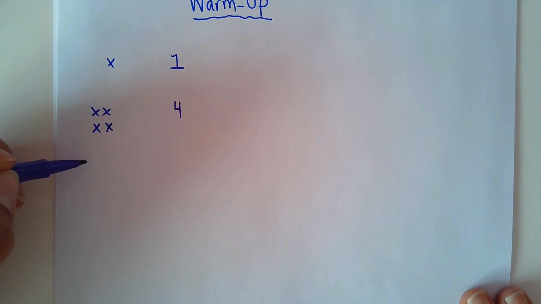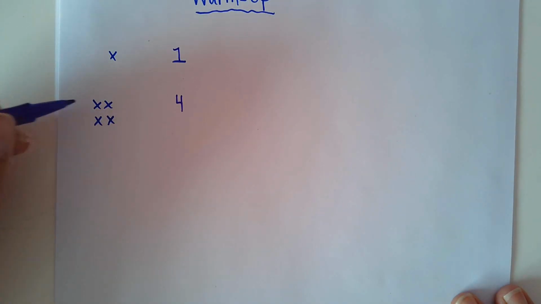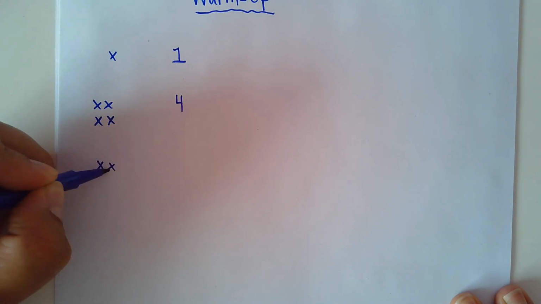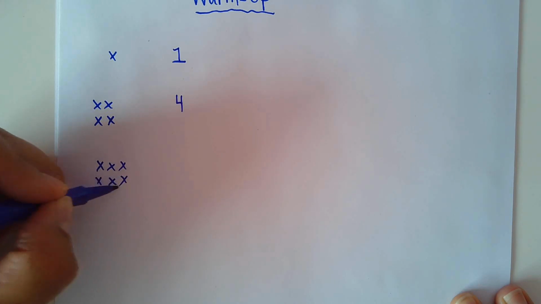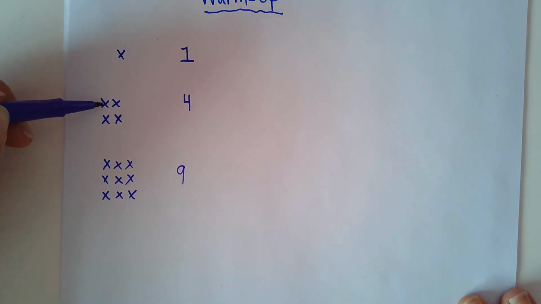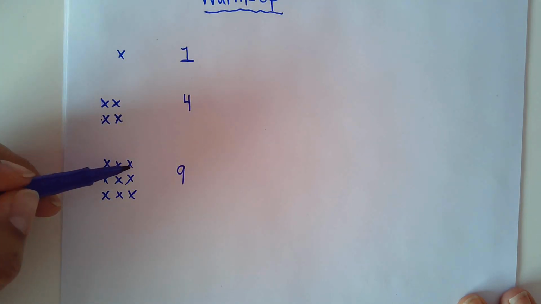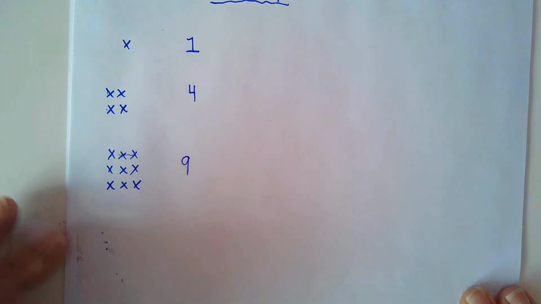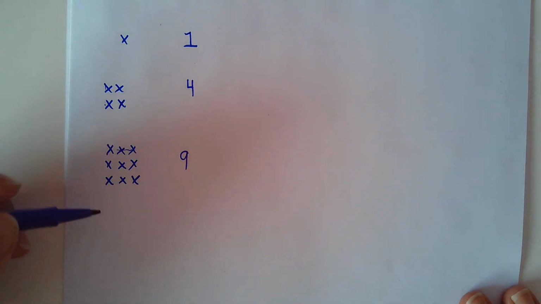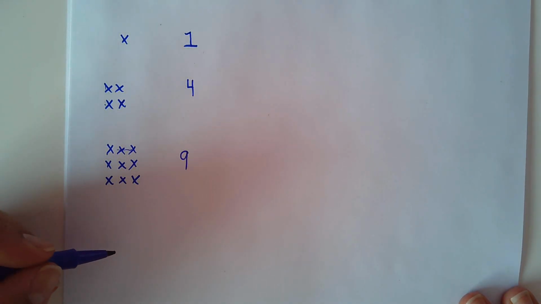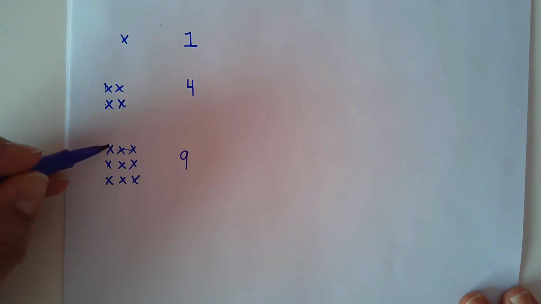If they wanted to make another perfect square, they needed 9 pebbles. So here you can see it's 2 by 2, 3 by 3. Hopefully you can see the pattern and predict the next number of pebbles you would need to make a perfect square.